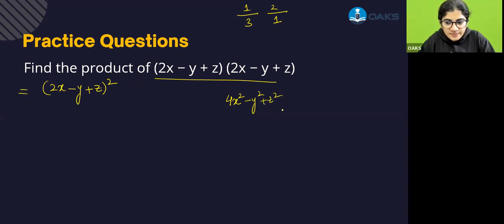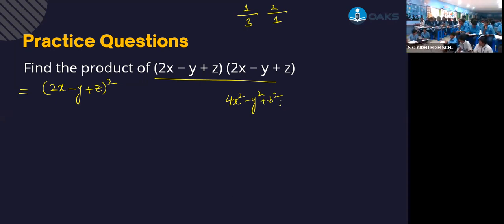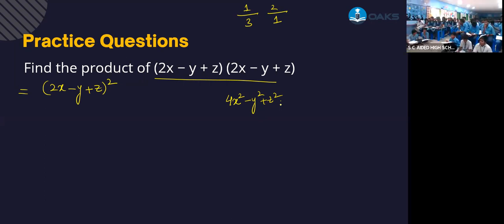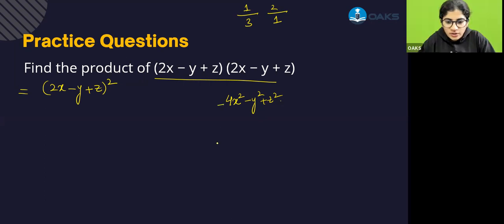That's it. Minus 4x square. Is this your final answer? Minus 4x square, okay. Minus 4x square minus y square plus z square.